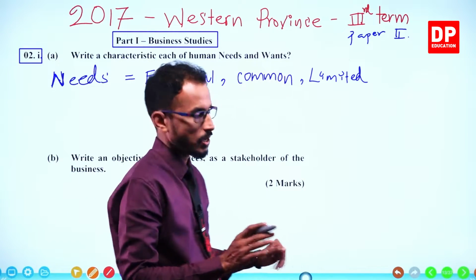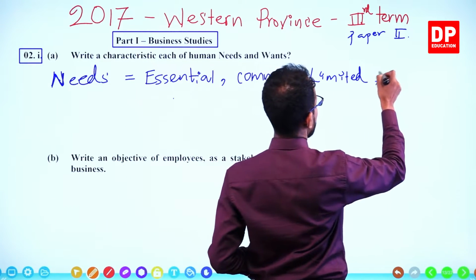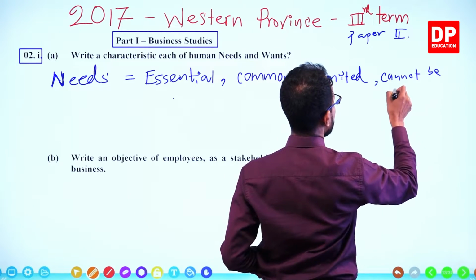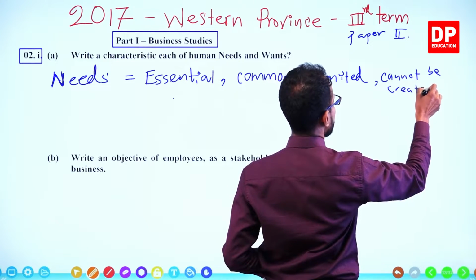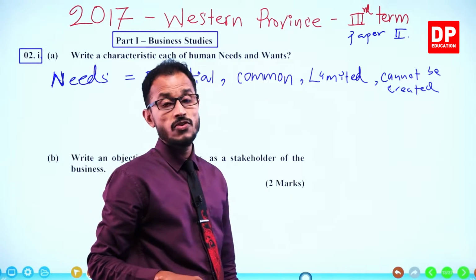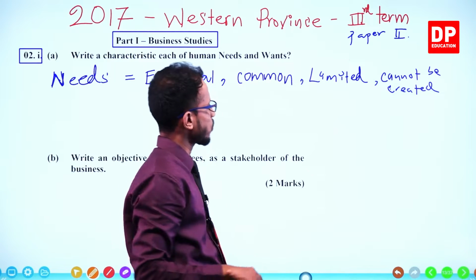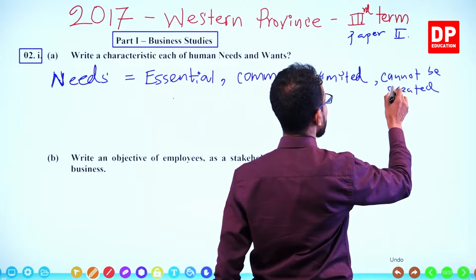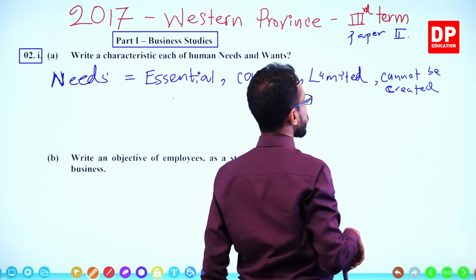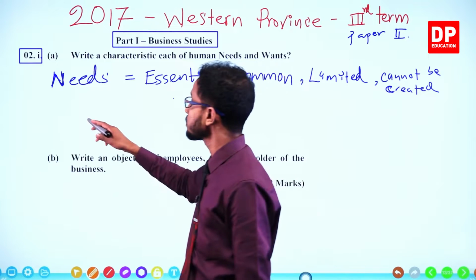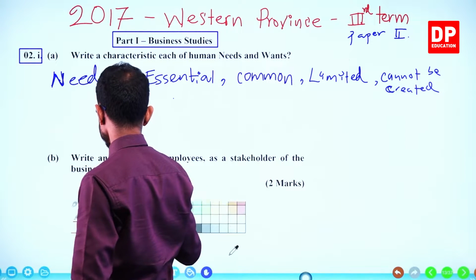You have to write in a sentence. If you want, you can write cannot be created. All these are the features of needs. Voila.